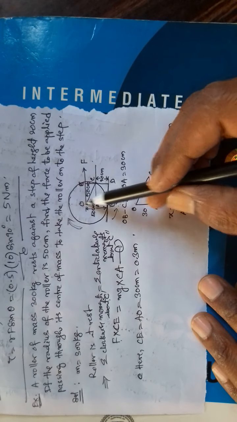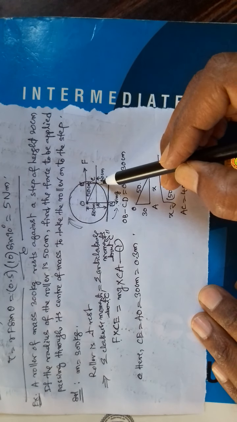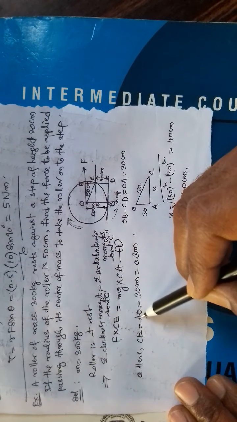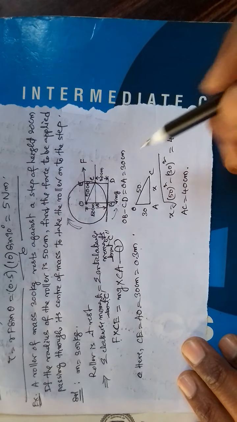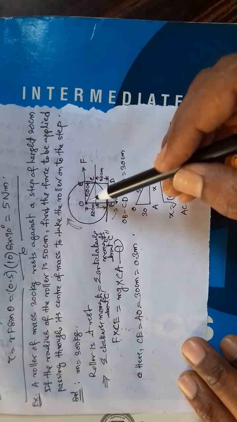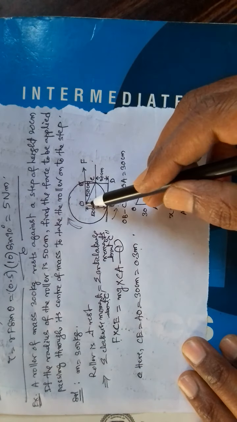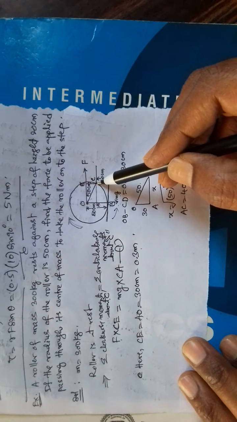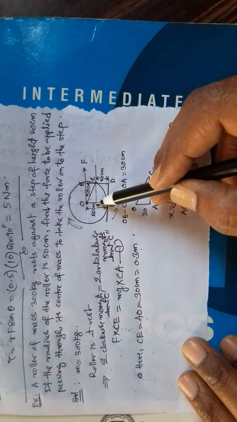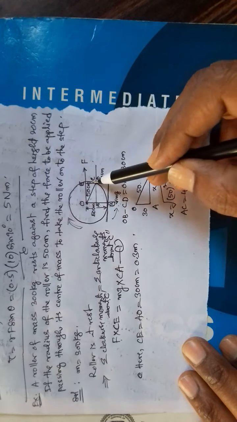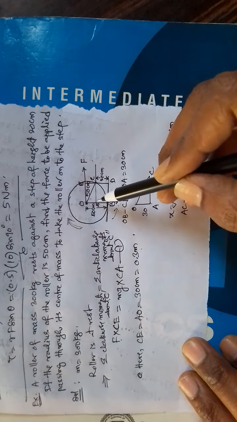Just now we calculated OA. OA and CE are both the same. So for this right angle triangle OAC, this is 50 centimeters radius of the roller, and this is 50 minus 20 gives 30, OA 30 centimeters.